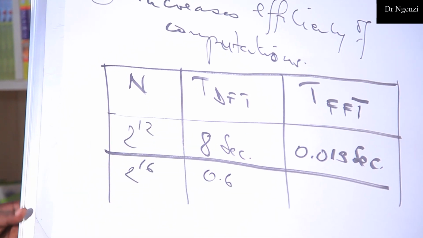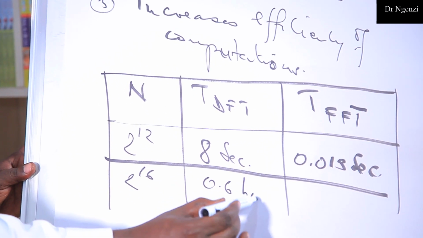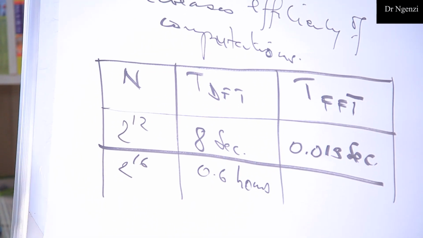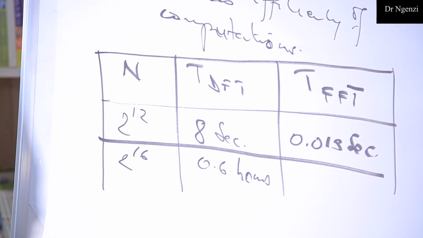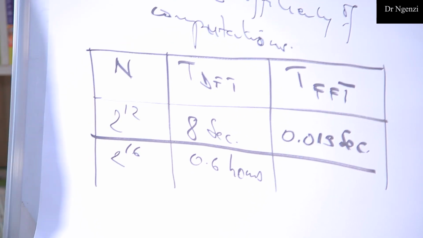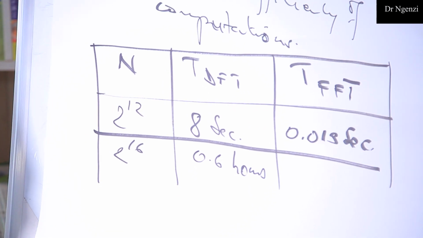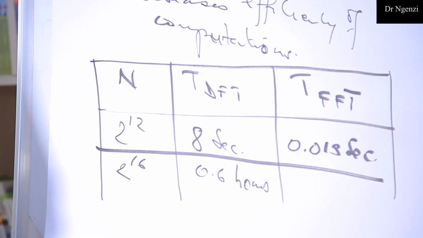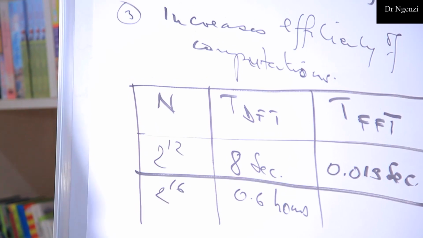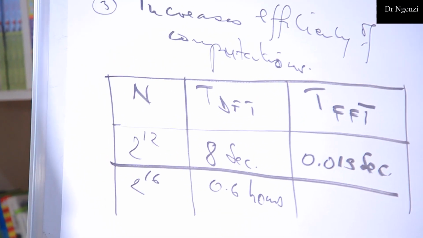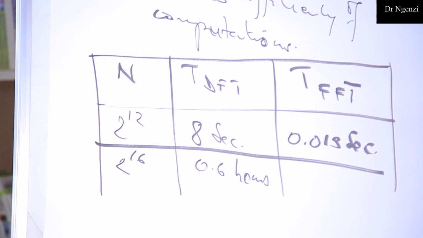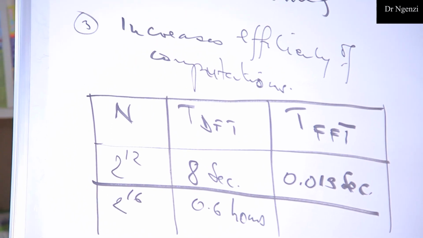0.6 hours. Remember, for DFT, you can guess what will be our FFT. Do you know what is going to be the answer? So I'm just showing you these are the advantages of FFT in terms of computational time, in terms of its efficiency, and in terms of the number of calculations in this case.